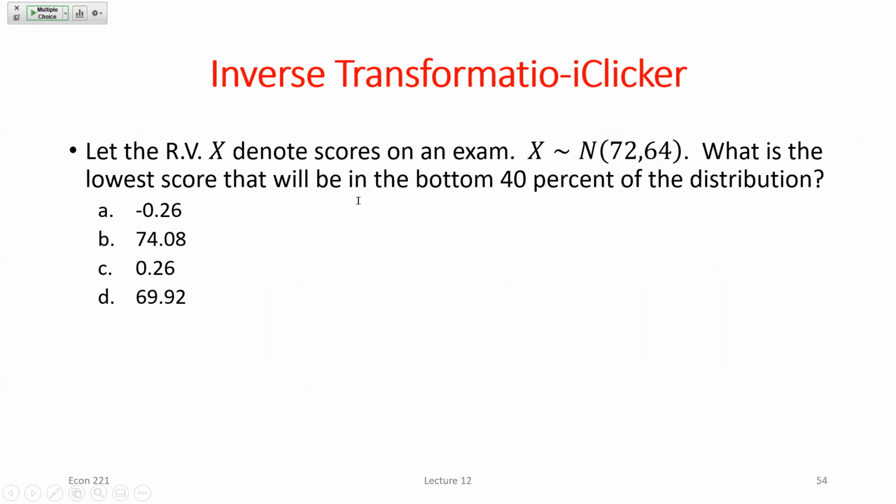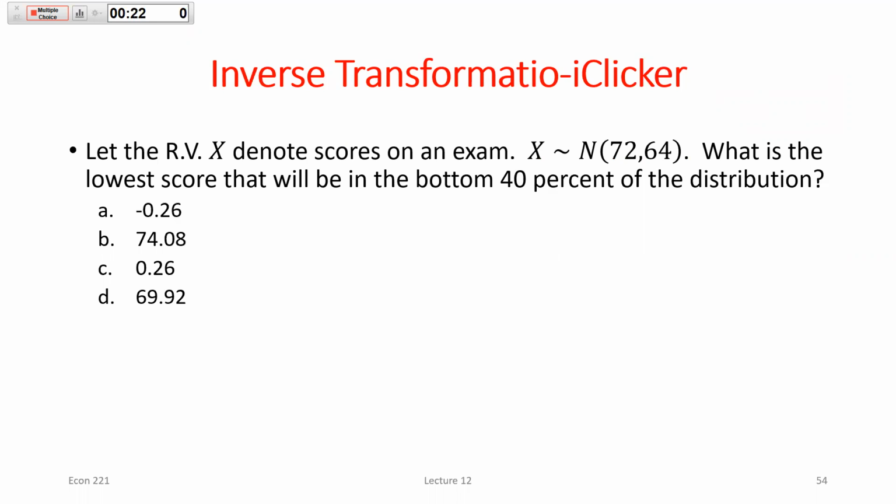So let's say I have a very similar setup, right? Same test score, so it's got the same mean, same variance. But now I want to know what is the lowest score that would be in the bottom 40%. Wait, not the lowest score.